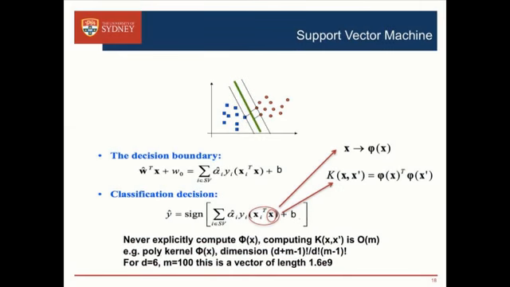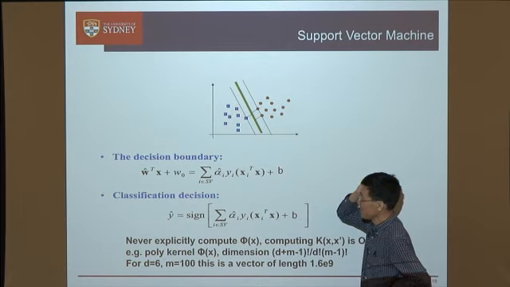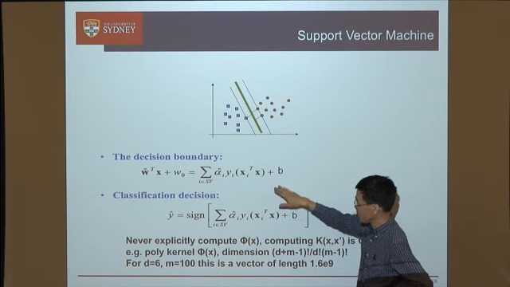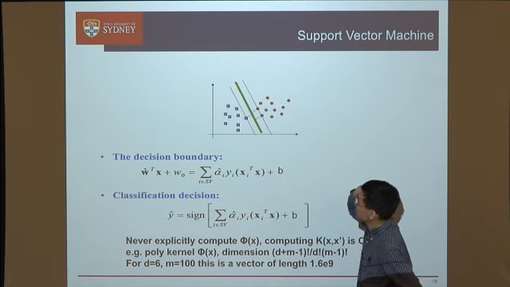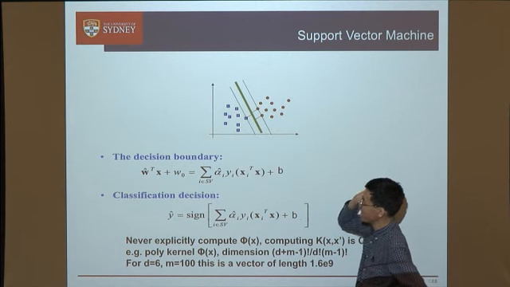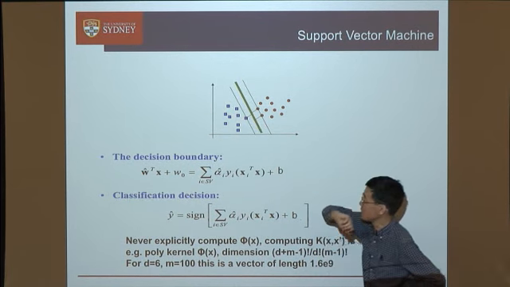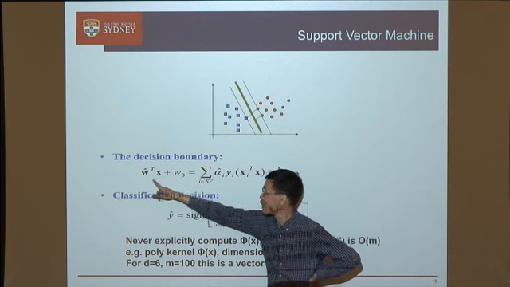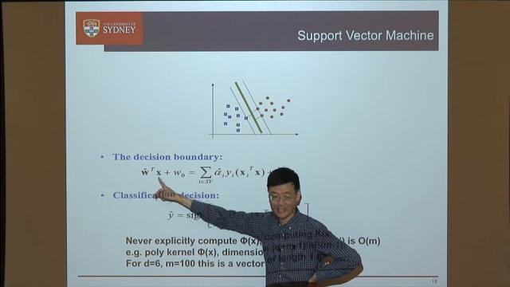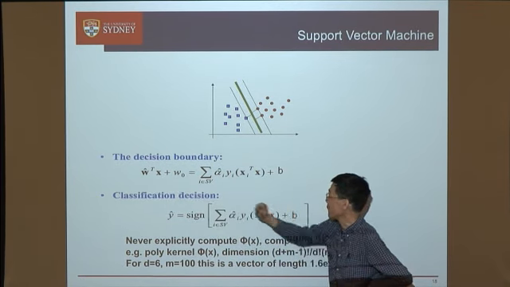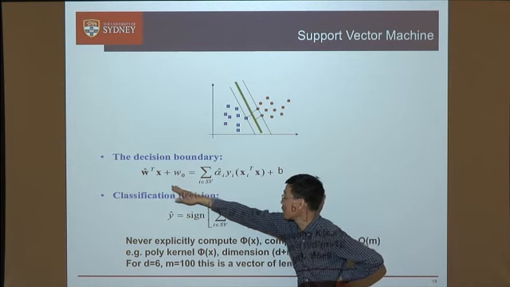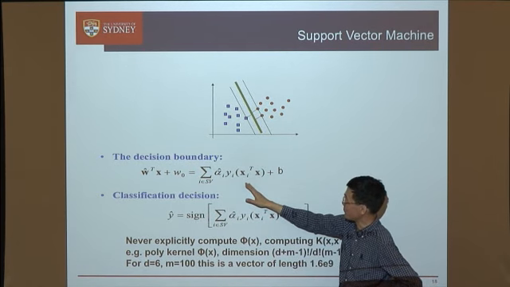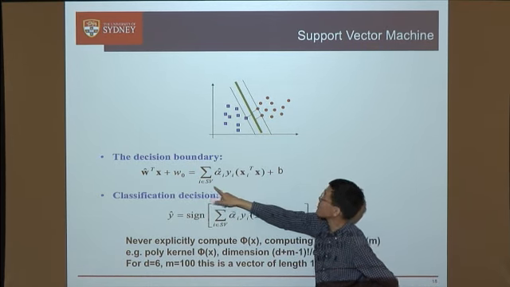So this is a support vector machine. We can actually train the model by, this is a support vector machine, and the decision boundary is given by this equation which I showed you at the start. And that's the primal form, and this is the dual form. So it's a sum over the support vectors.